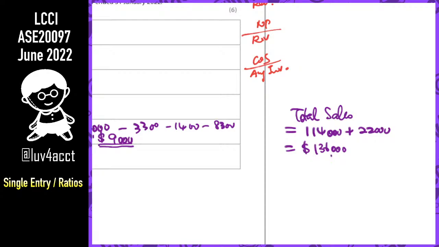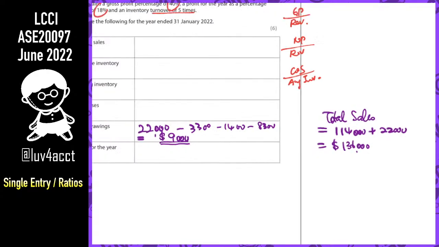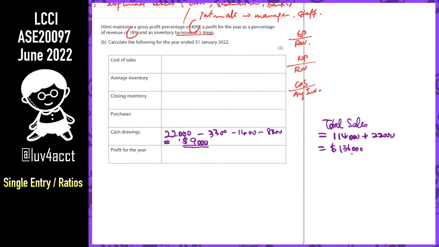Let me not double underline because it is not a final answer. If you get this, then you also get gross profit and net profit.